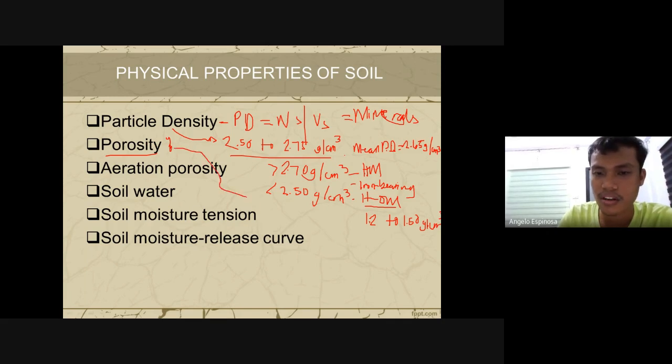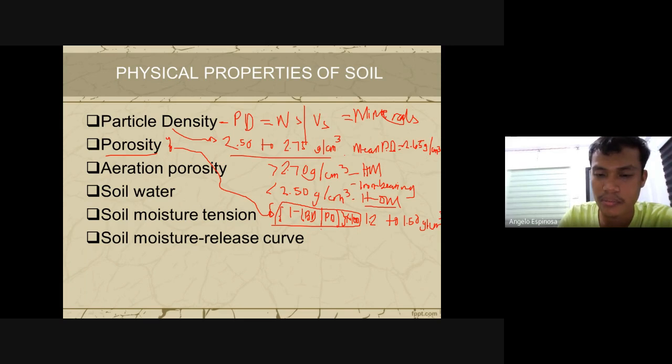It is parentheses 1 minus bulk density divided by particle density, and then multiplied by 100 because we are looking for a percentage. That's how you get the percentage of porosity.